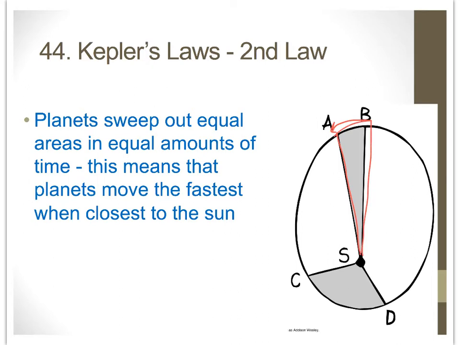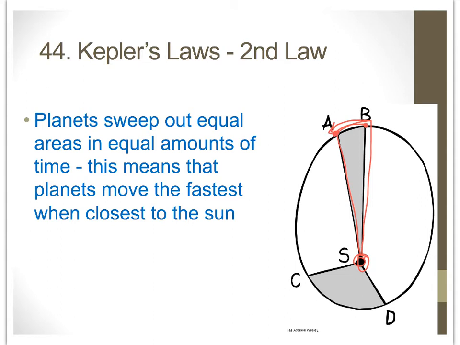That's the technical geometric name for it. This pie slice is the area covered by a line going from the sun, or whatever the central object is, to the planet as the planet moves from B to A.